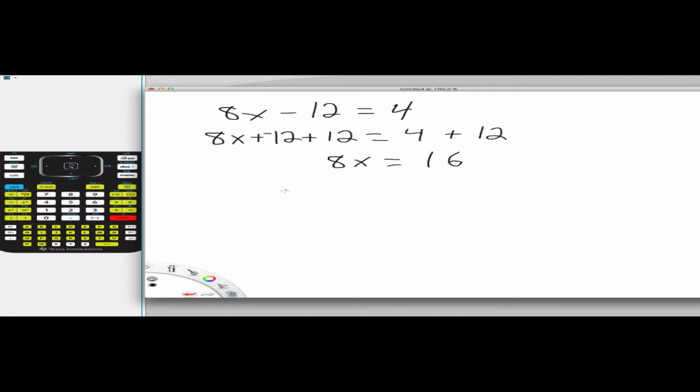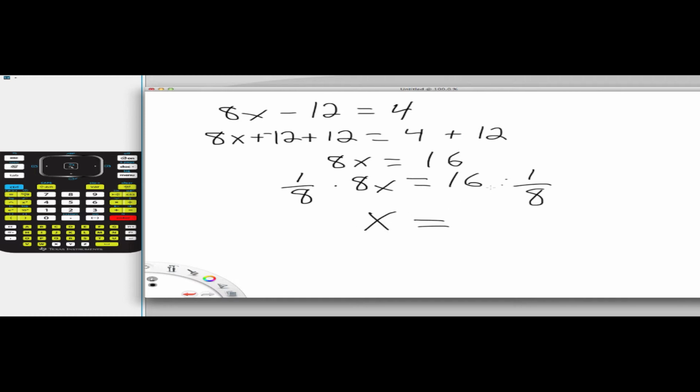So we're going to have 1 over 8 times 8x, and that equals 16 times 1 over 8. 16 over 8 is 16 divided by 8. 8 over 8 is 1, leaves me with 1 times x, which is x.